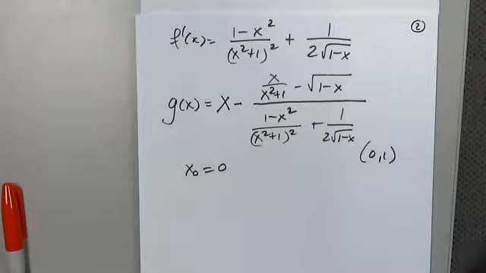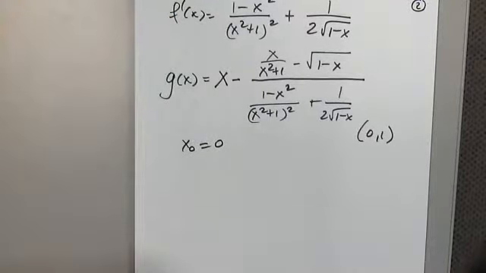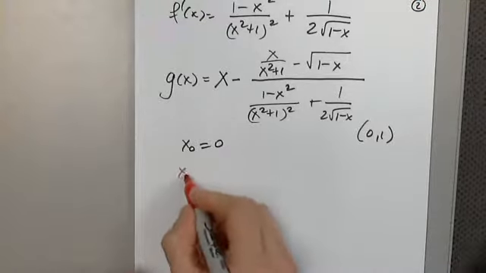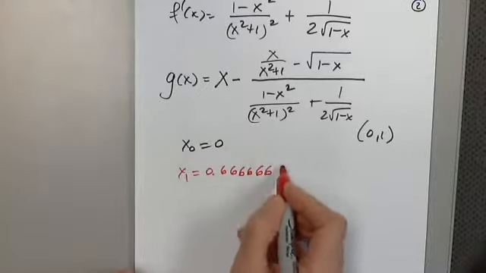It cannot be an error now. Okay. So 0.66666666. If we want 6 decimal digits, I will copy 7. So that's my what? What is this? X1, right? The first iteration. So 0.6666666.